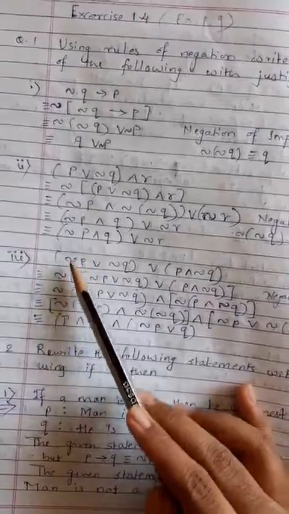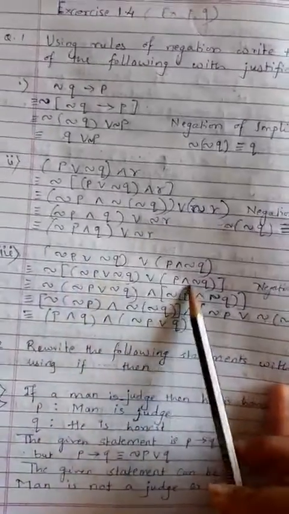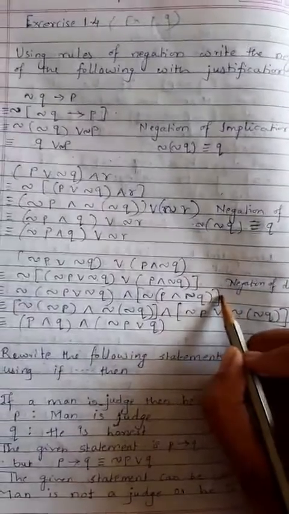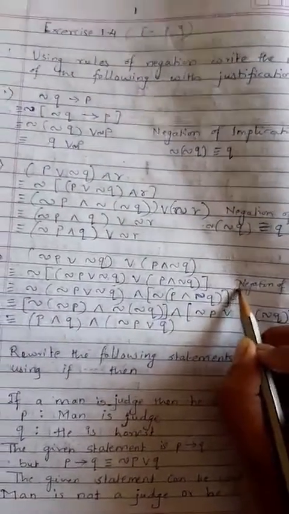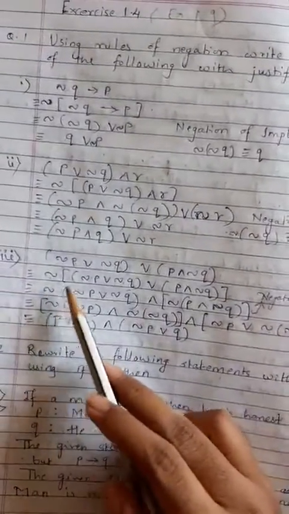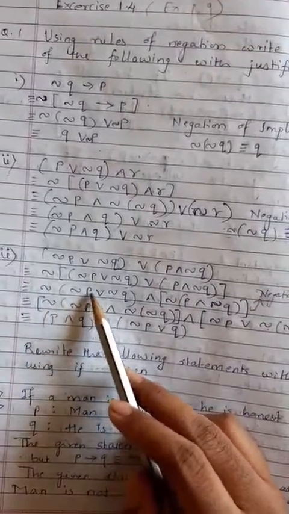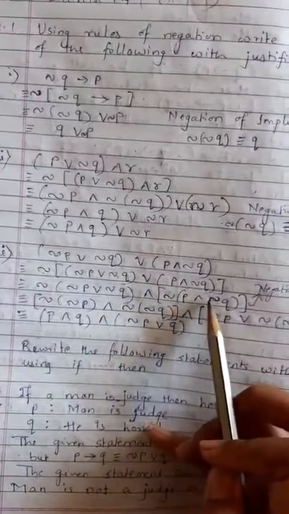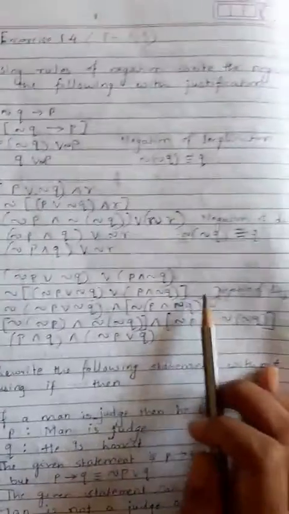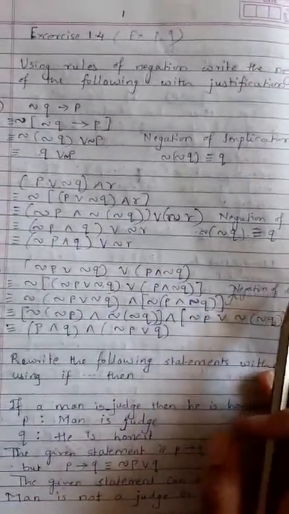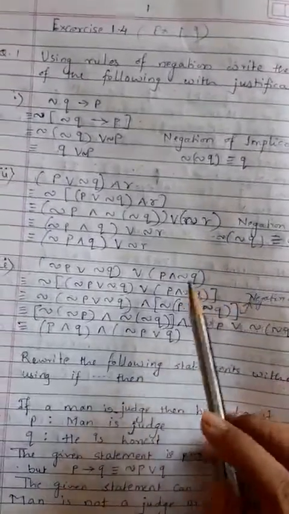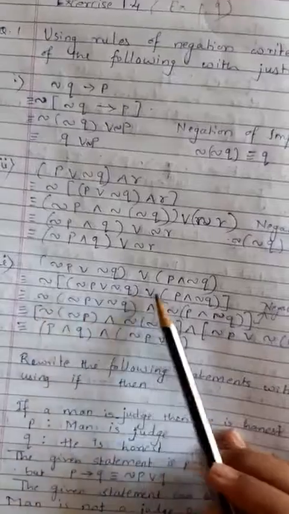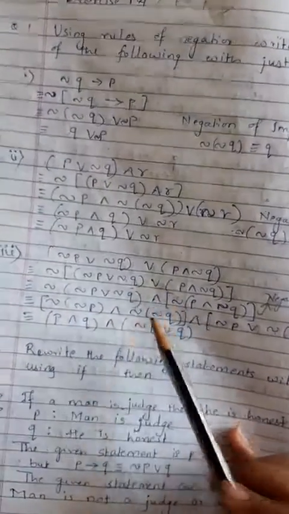So negation of this complete statement, negation of (negation P or negation Q) and (negation P and negation Q). What are we using? Again here we are using negation of disjunction. While taking negation, this OR will become AND.